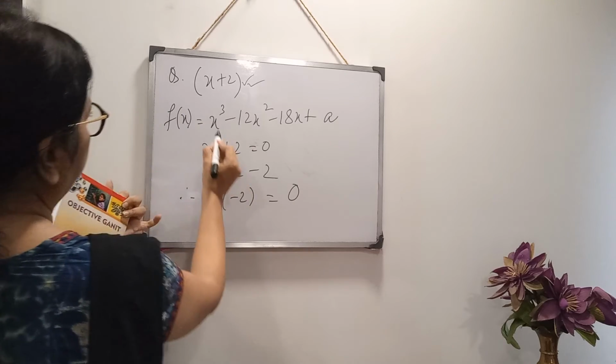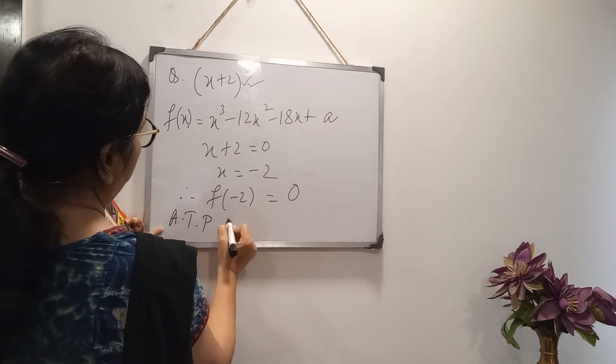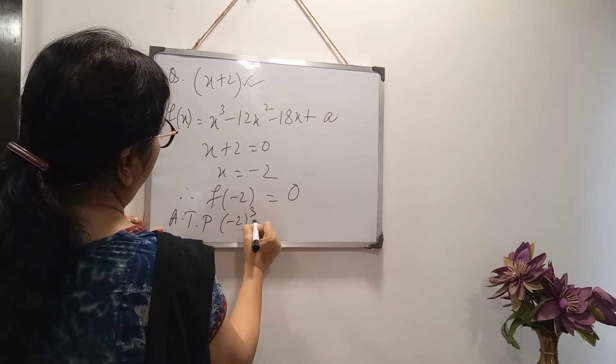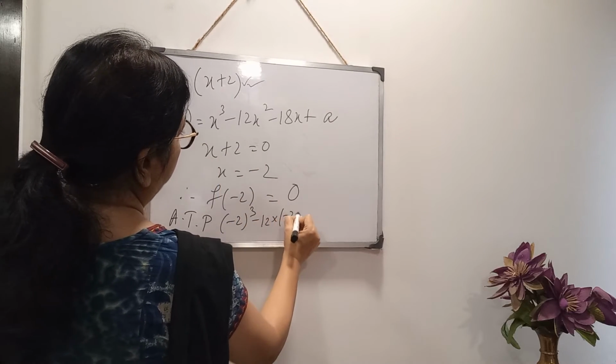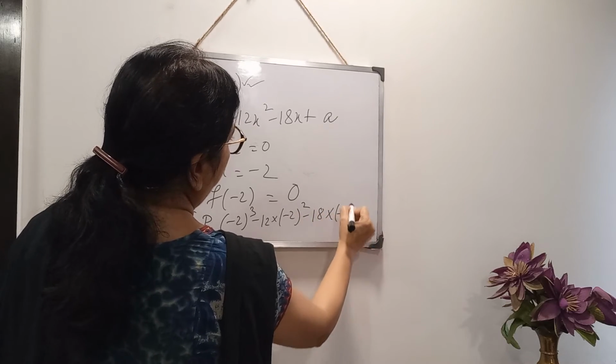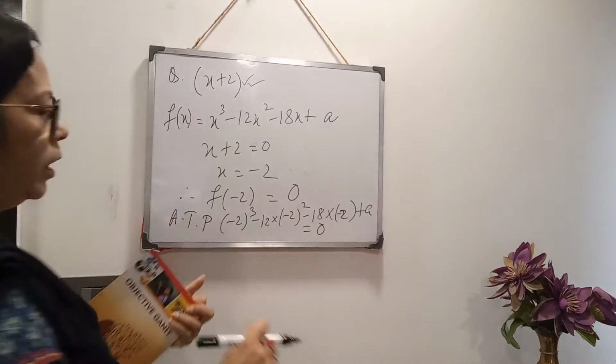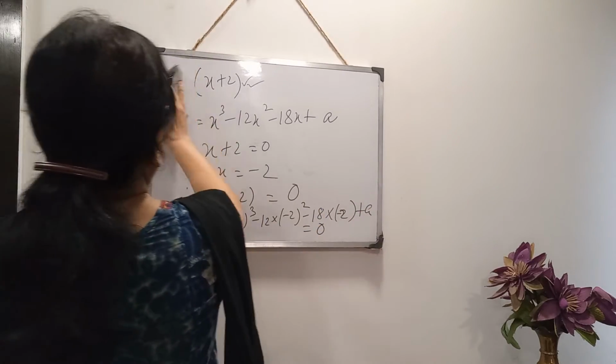Now I will apply that f(-2). Therefore according to the problem, (-2) whole cube minus 12 into (-2) whole square minus 18 into -2 plus a equals to 0. Then from there we will solve for a.